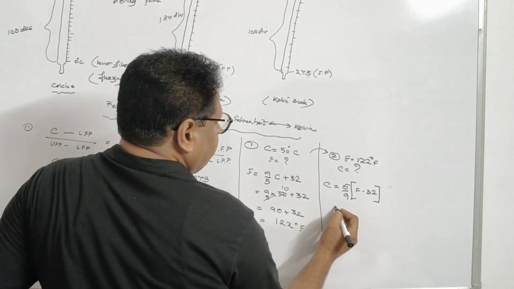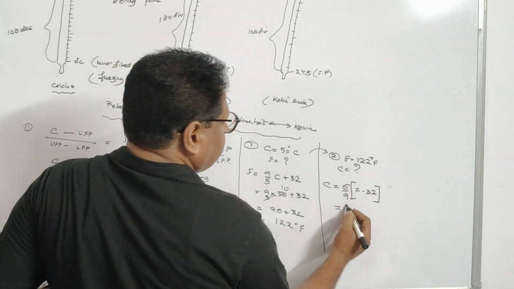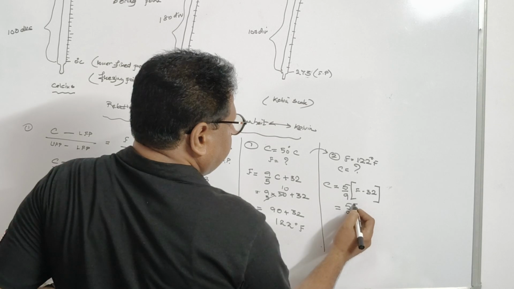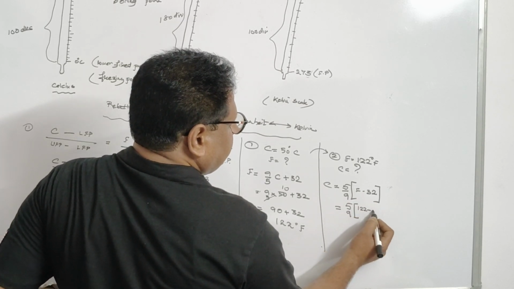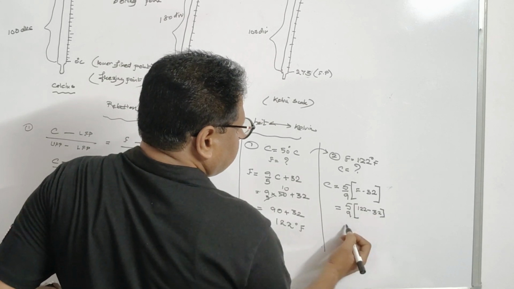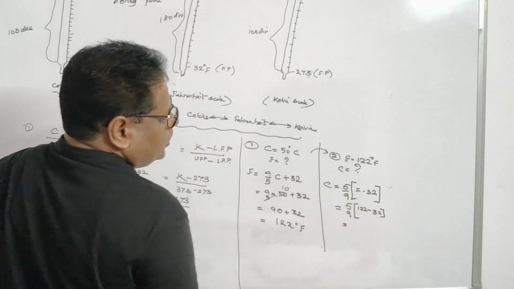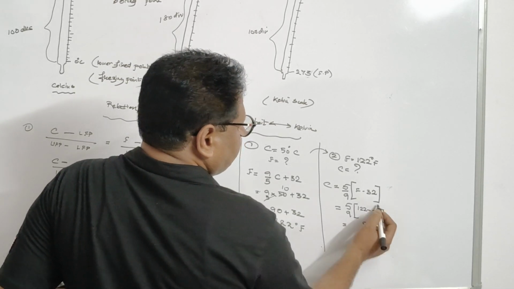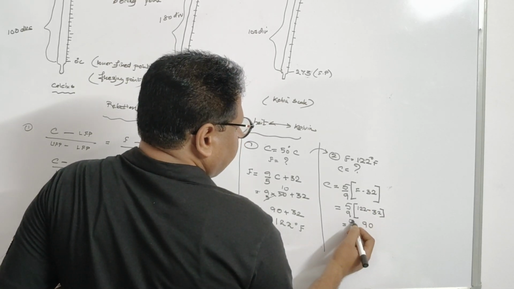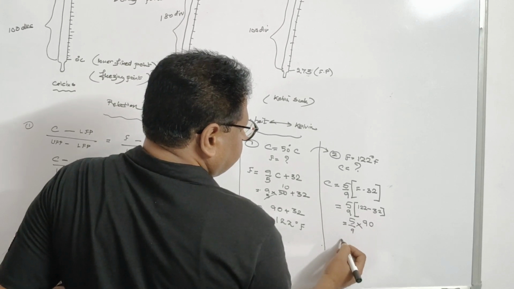This is the shortcut for this relation, right? So we are given Fahrenheit 122. So 5 by 9 multiplied by, solve the bracket first, 122 minus 32. So here we have 90 for this subtraction multiplied by 5 by 9, right?